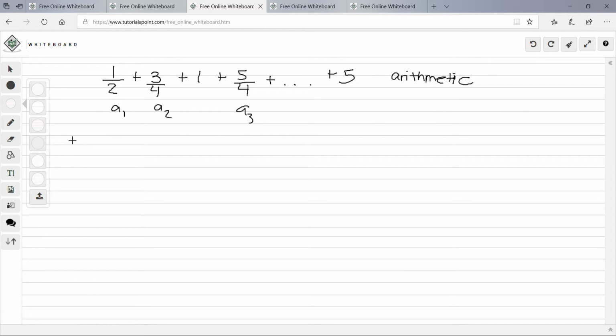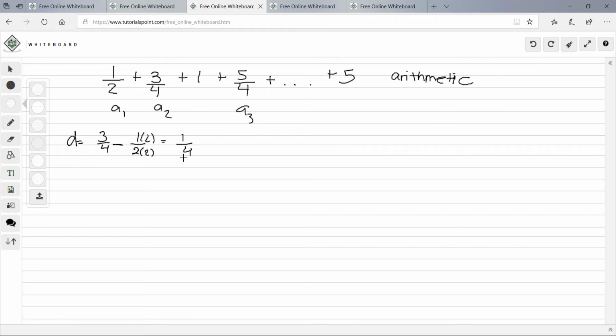First step, I'm going to find the difference, right? So I'm going to do a2 minus a1, so 3/4 minus 1/2. Multiply this top and bottom by 2, so that's 3 minus 2, which is 1. And then over 4, that's 1/4, so our difference is 1/4.